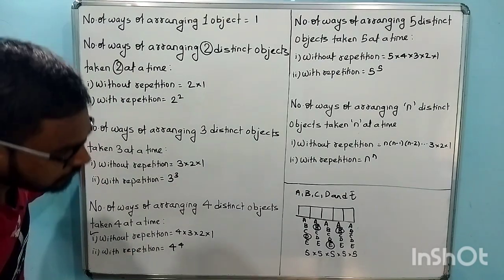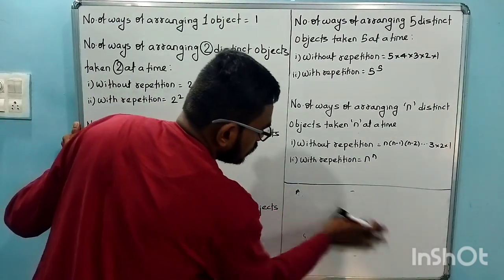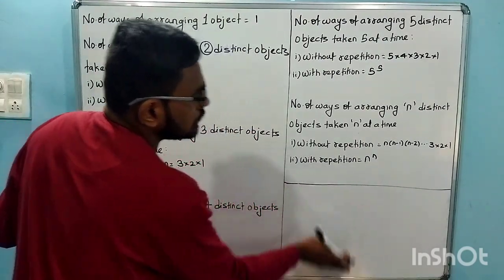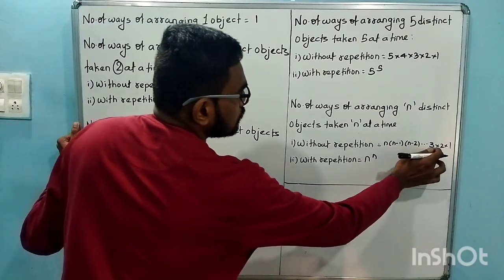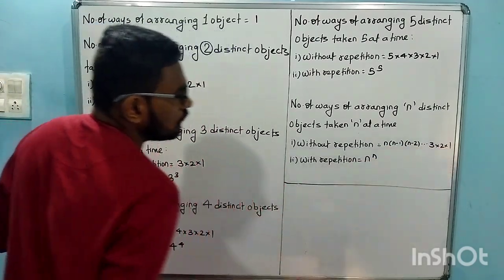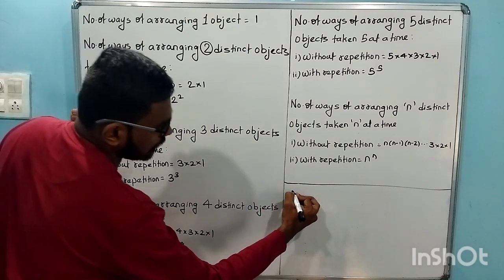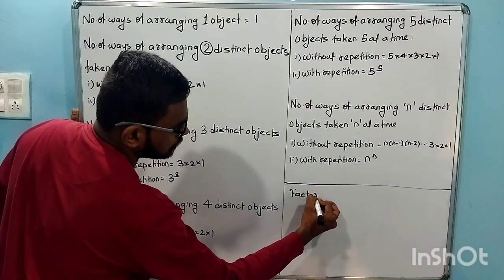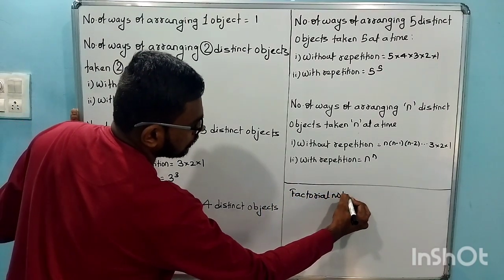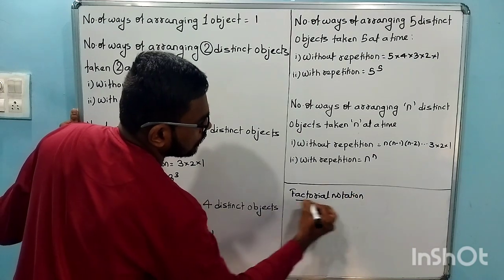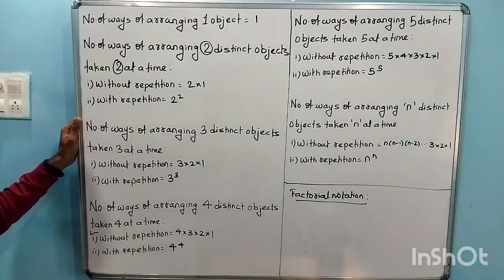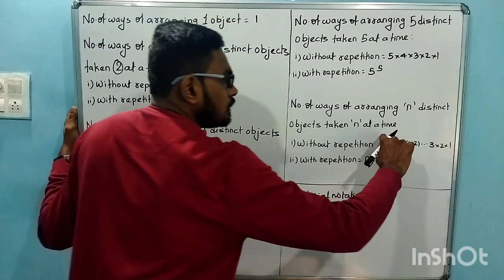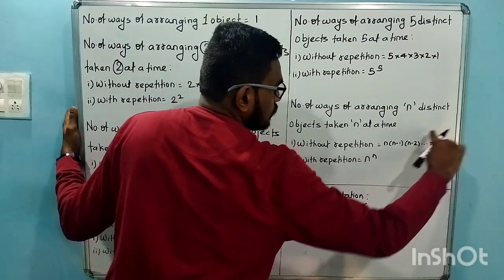Now, this n, n minus 1, n minus 2, 3 2 1, in short we write like this. It is factorial notation. This formula looks a little big, so we'll make it short.